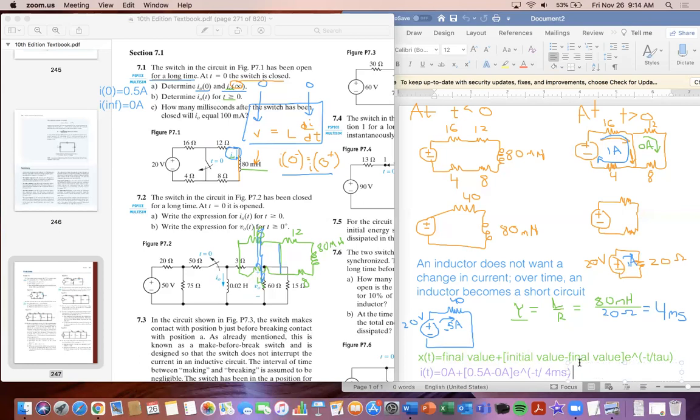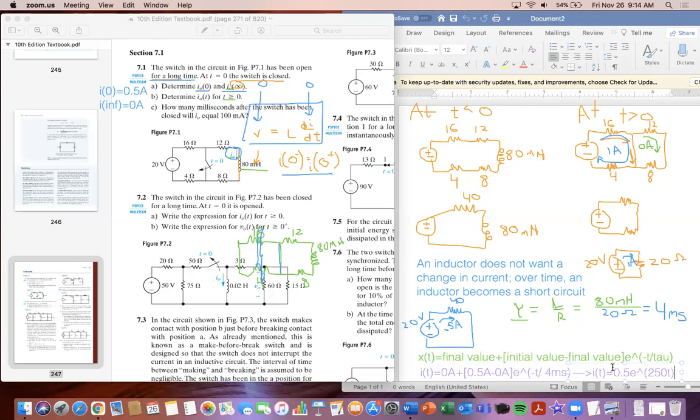When I set those equal, I get I of t is equal to 0.5 e to the negative t divided by 4 milliseconds. When I do 1 divided by 4 milliseconds, I just simplify 1 divided by tau, and that gives me 250 in the numerator with t.